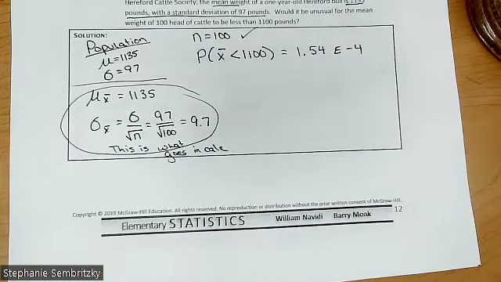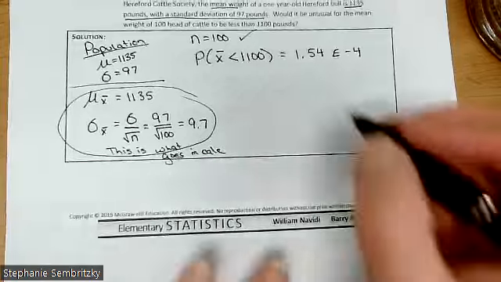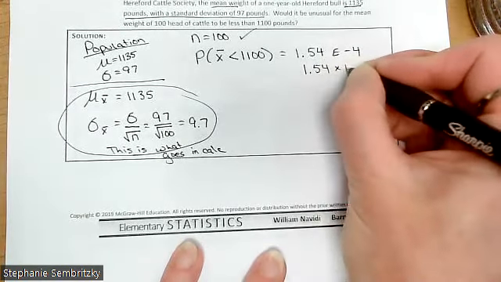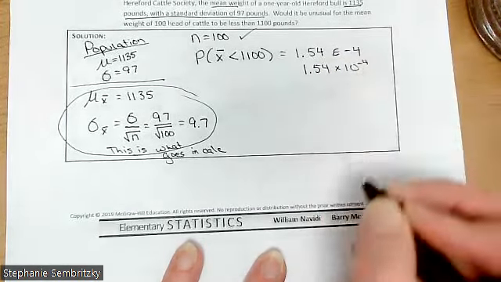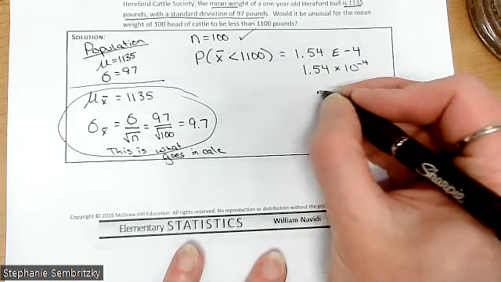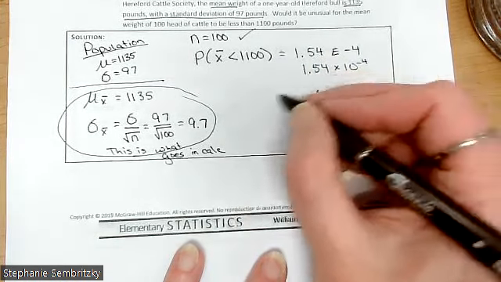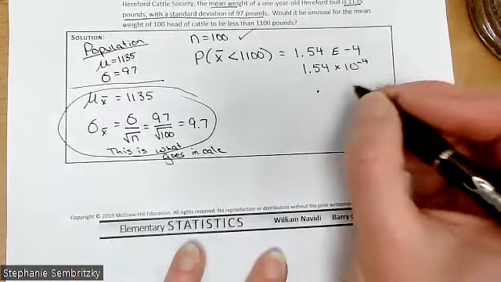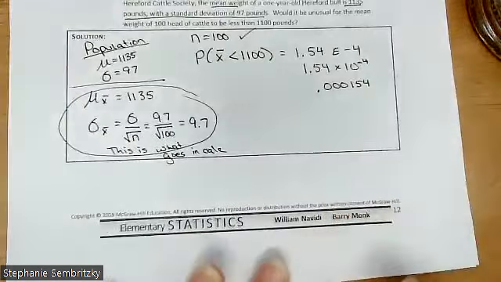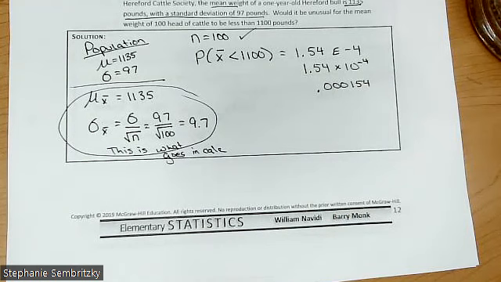What does E -4 mean? Okay, so this really means 1.54 times 10 to the -4. That'd be move the decimal 4 places to the left. That's a really small probability.